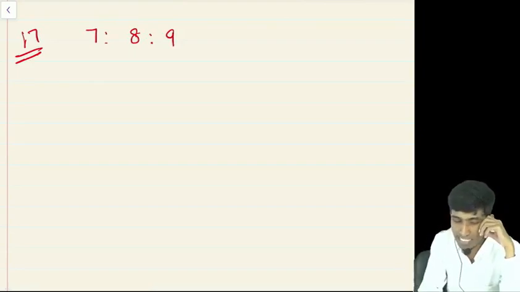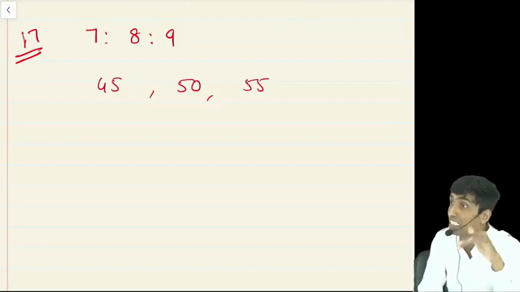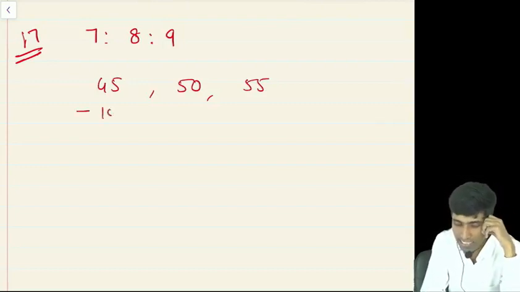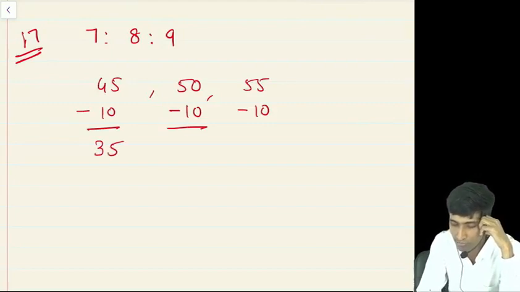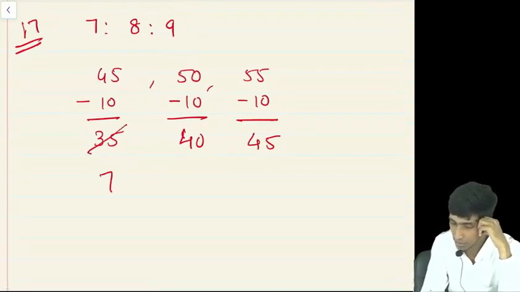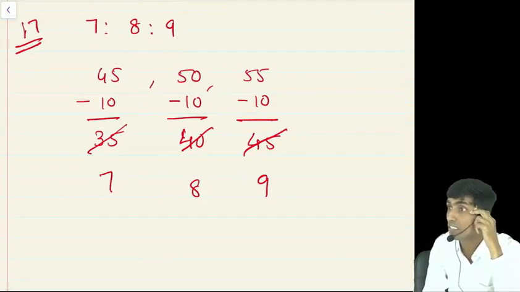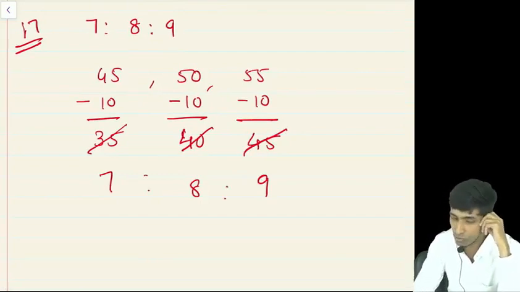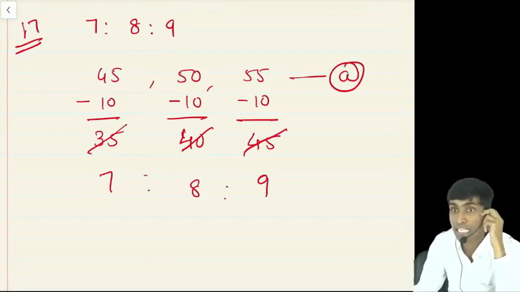So if their present ages are 45, 50 and 55, 10 years ago their ages will be minus 10, minus 10, minus 10. Answer is how much? 35, 40, 45. 5 7s are 35, 5 8s are 40, 5 9s are 45. Satisfied. 7 is to 8 is to 9. So option is what? A.